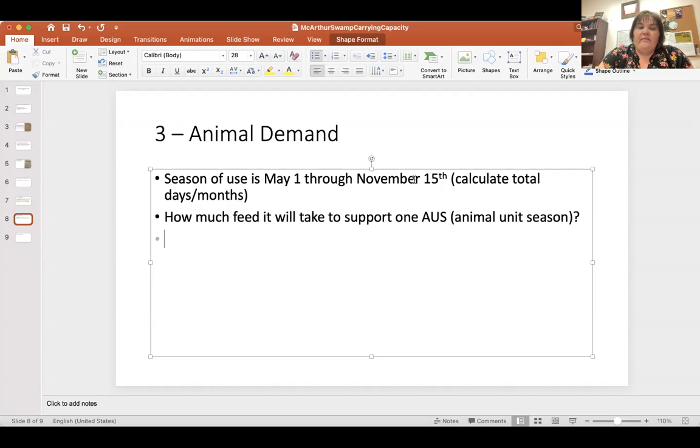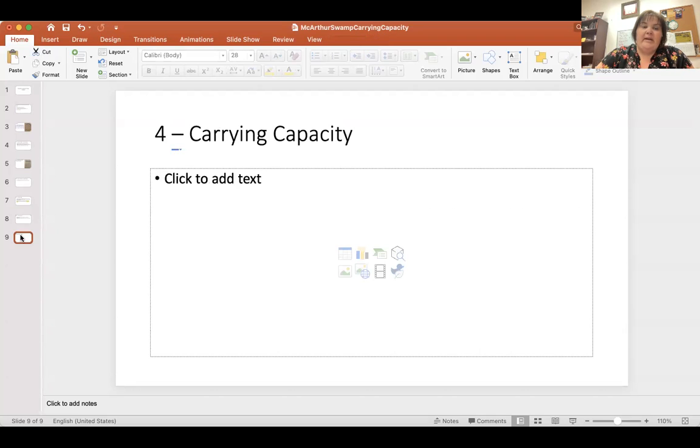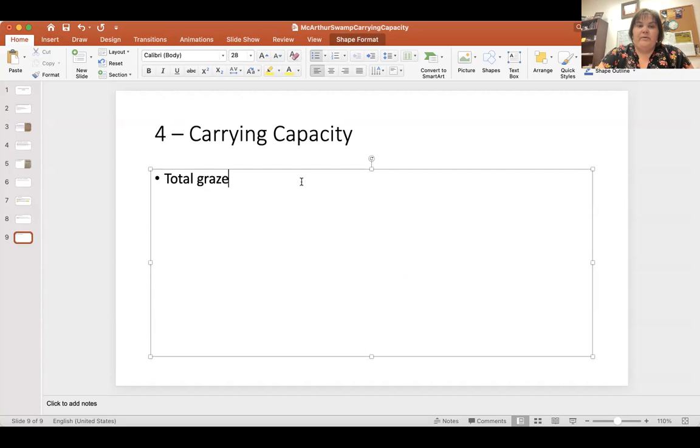Then from there, you can figure out stocking rate or carrying capacity, which is where you take your total grazable forage and you're going to divide that by the animal unit season pounds.